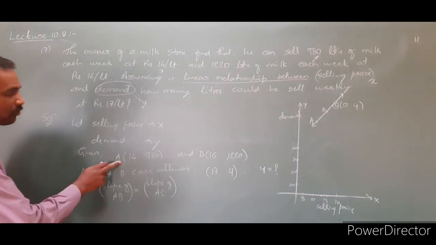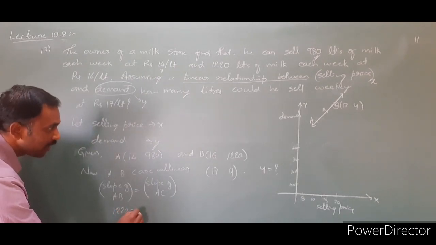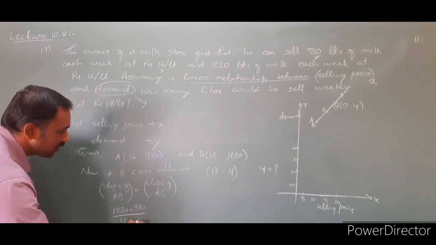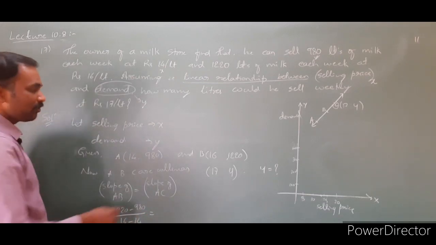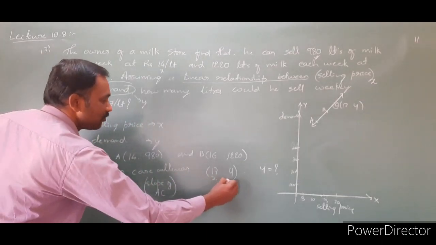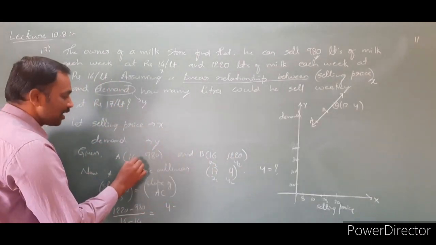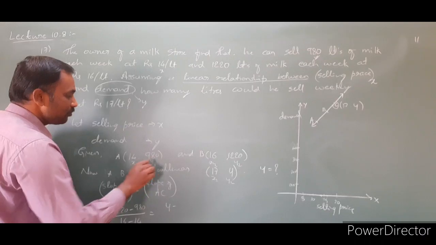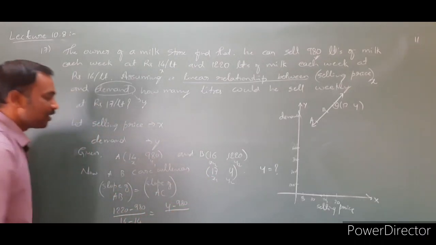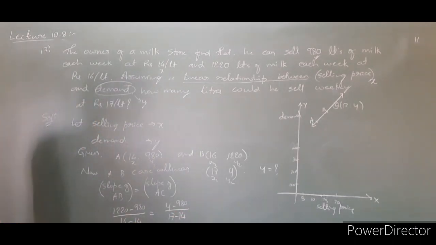A point is there, B point is there, y2 minus y1 divided by x2 minus x1: 1220 minus 980 divided by 16 minus 14 is equal to slope of AC, y minus 980 divided by 17 minus 14.